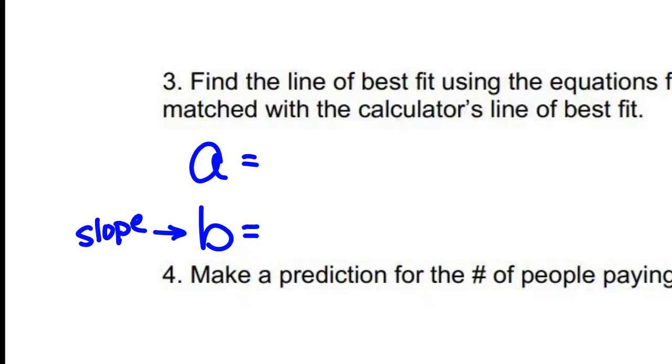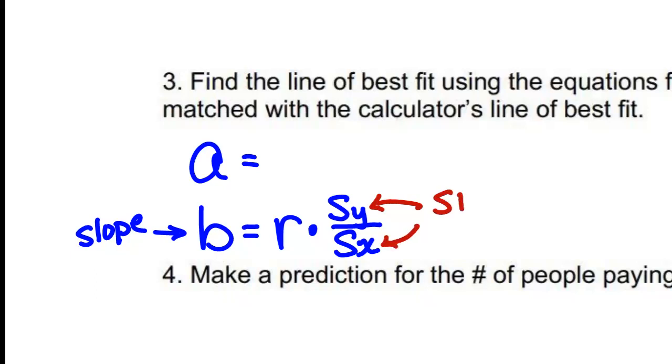The equation for your slope is going to be R times the standard deviation of the y's divided by the standard deviation of the x's. And you find both of these by doing stat. Then you go over to calc.